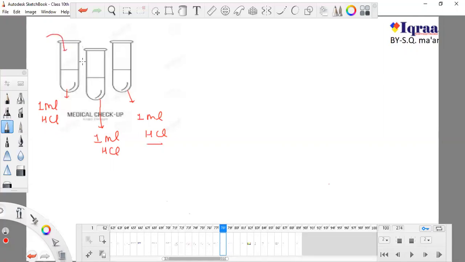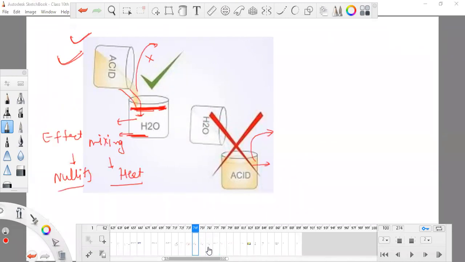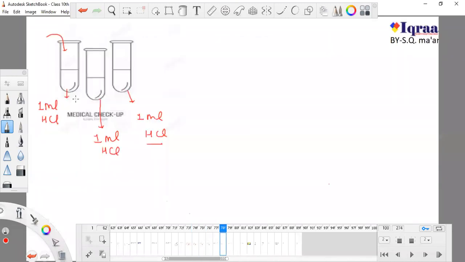definitely this is not a good, right method to dilute an acid. Obviously, we know that we can't pour water into acid. Instead, we have to put acid into water, but just for a reaction, that is not a big deal. I'm doing this experiment and I'm taking a very tiny amount of acid, so that is not a big deal.